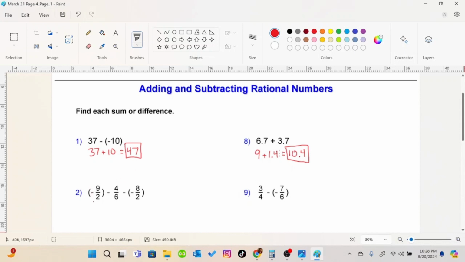Number 2. Again, if I have minus a negative, it becomes a positive.